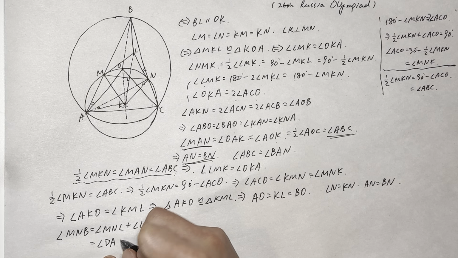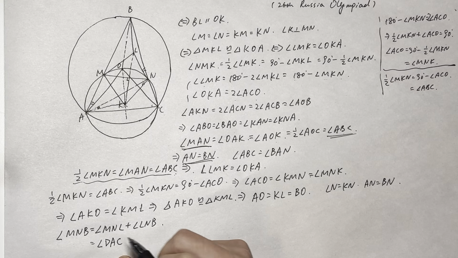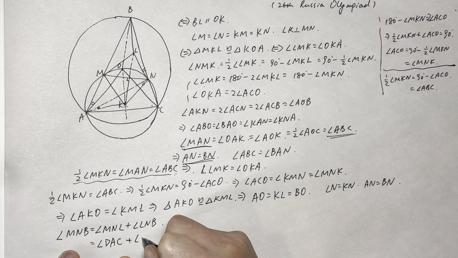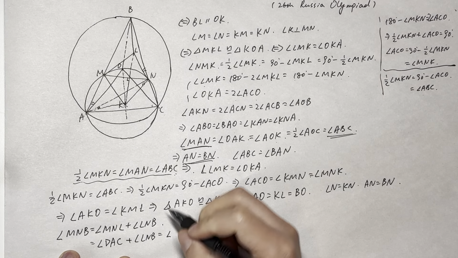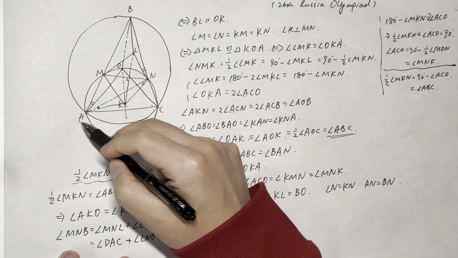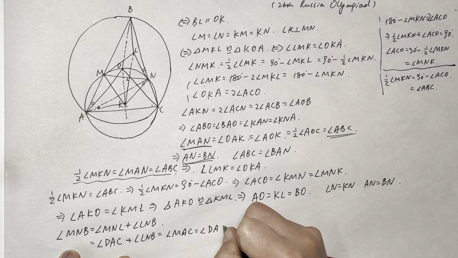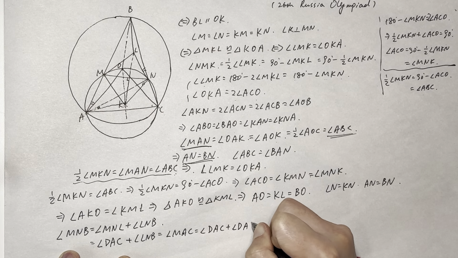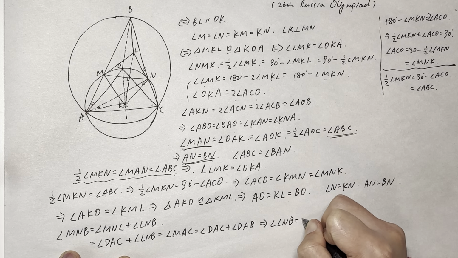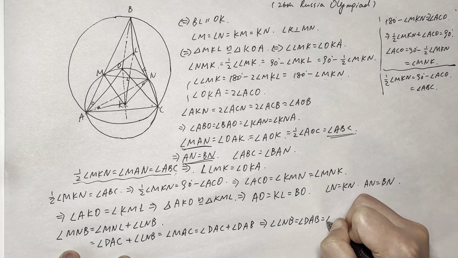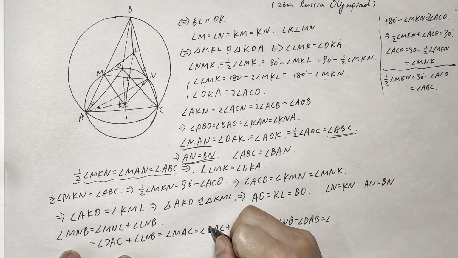DAC, right? So MNB, yeah, plus angle LNB equals angle MNB equals MAC, angle MAC equals angle DAC plus angle DAB, which means angle LNB equals angle DAB equals angle, no, not DAB, this is OAB, sorry.